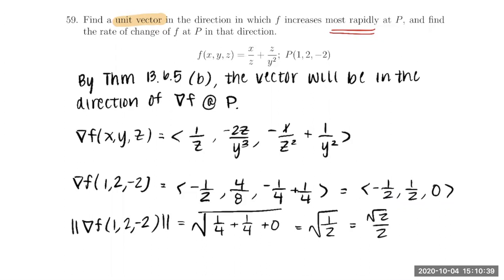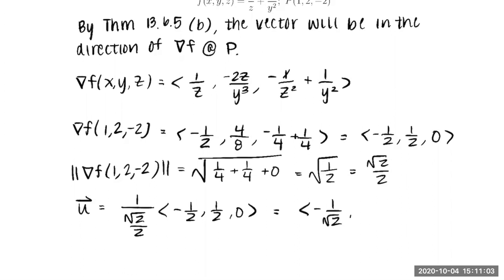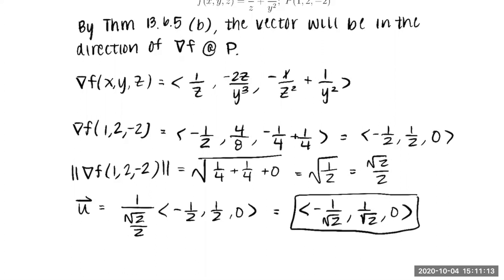Okay, so it was not unit. So our unit vector that we're looking for is going to be 1 over root 2 over 2 times this vector. And so if we simplify, this is going to be negative 1 over root 2, 1 over root 2, 0. And again, I'm happy with you guys leaving radicals in the denominator. Certainly doesn't bother me at all.